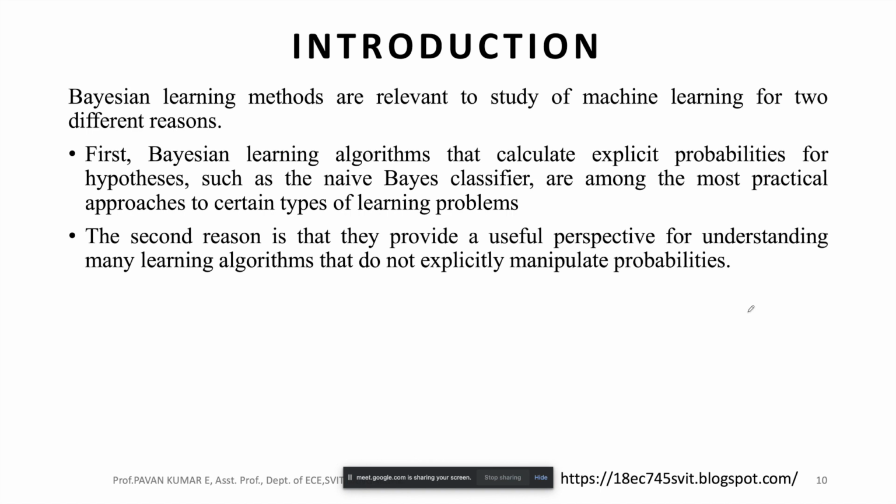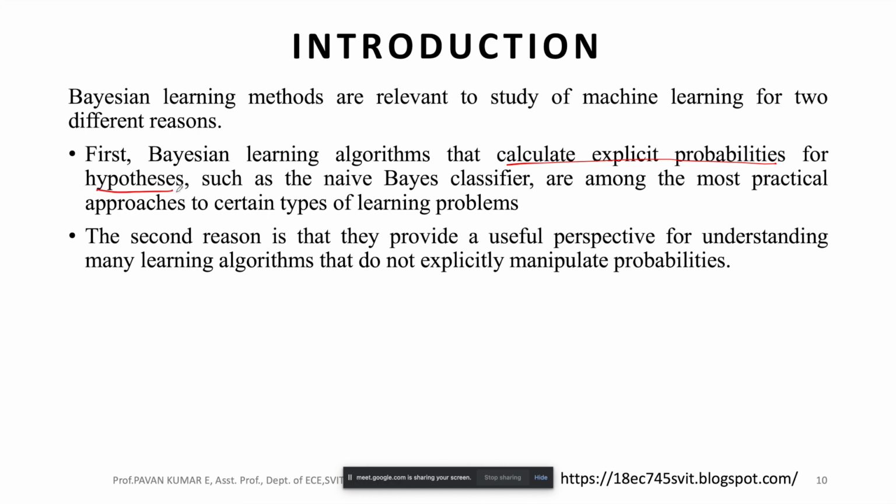This method is one of the studies of machine learning, and we have the BT algorithm for two different reasons. One is to calculate the explicit probability for your hypothesis.